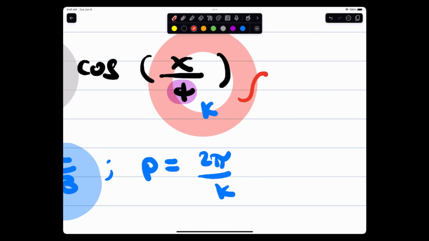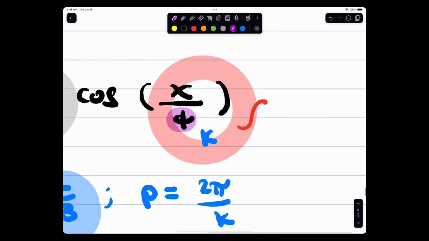And you say, well, how do you guys know K is 1/4? Because in the format I gave you, K is the number multiplied to X. So you say, but I don't see a number multiplied to X. Okay. X over 4 is 1/4 X.